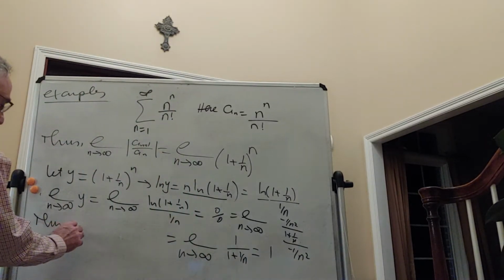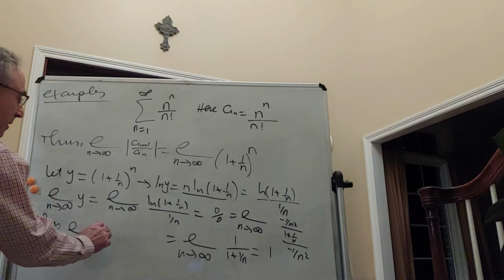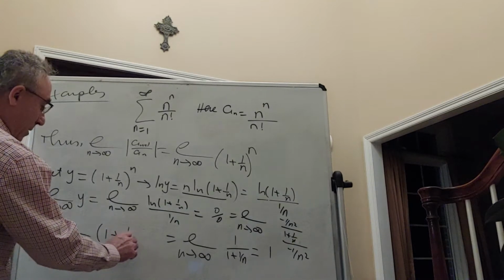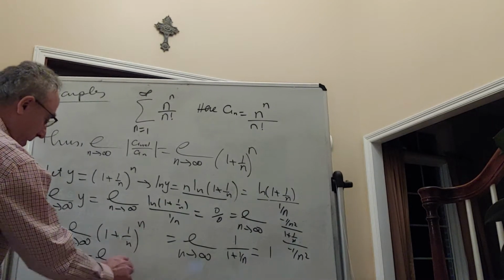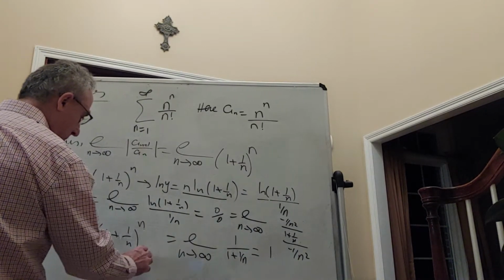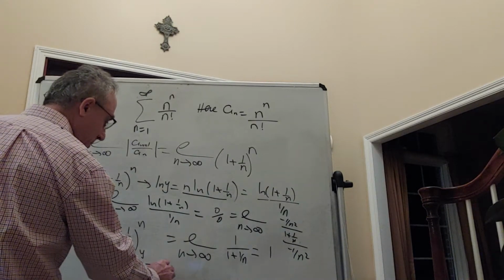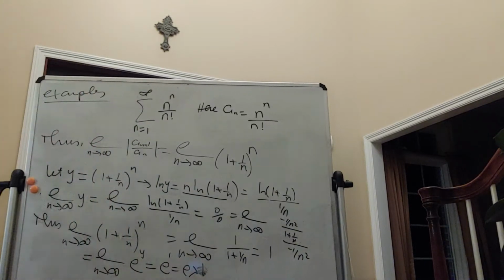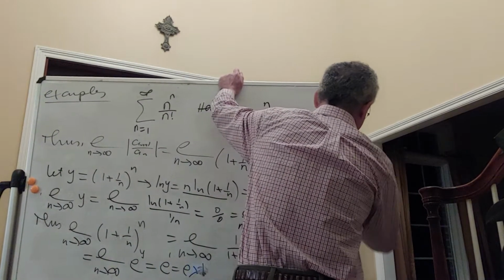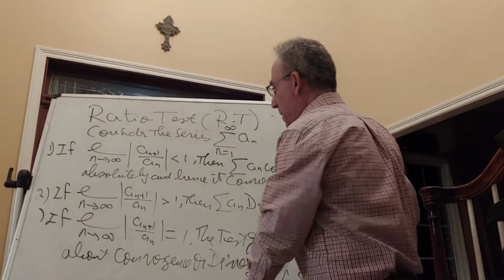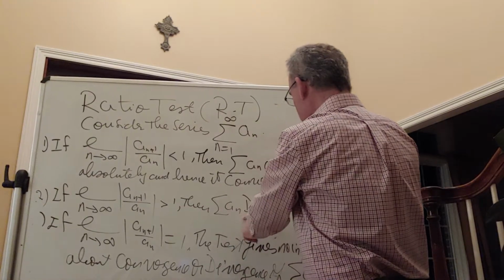So thus the limit as n goes to infinity of 1 plus 1 over n to the n is e to the 1, and that is e, bigger than 1. Bigger than 1, then the test tells us, remember, if the limit is bigger than 1, then this one diverges.